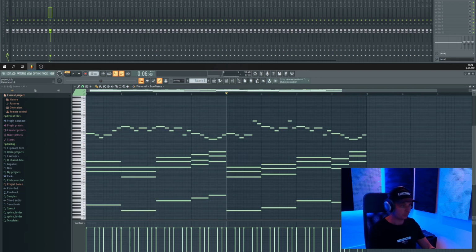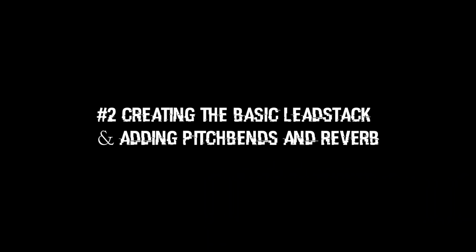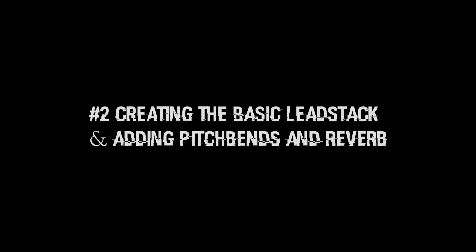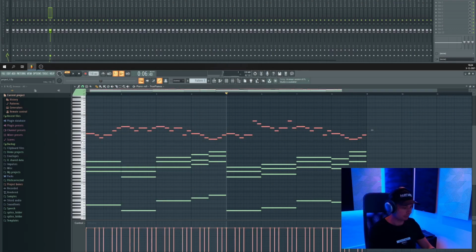So now it is time to actually start creating some lead sounds, which is always a lot of fun, if you ask me. So I'm gonna select the top melody.